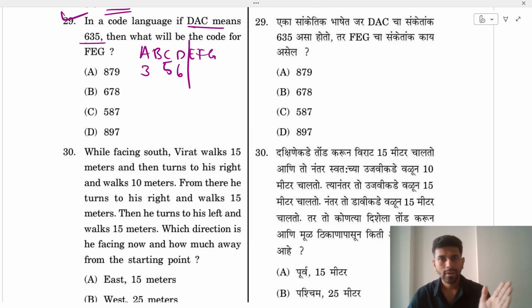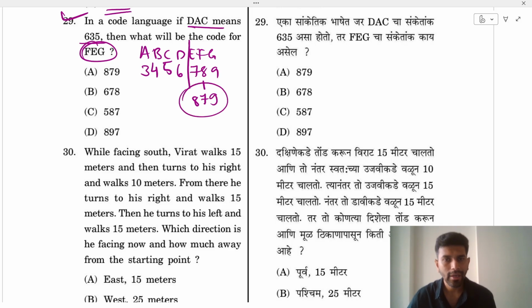If we apply proper sequence, then A is 3, B will be 4, C is 5, D is 6, E, F, G will be 7, 8, 9. So F is 8, E is 7, and G is 9. Option A, 8, 7, 9. Correct option is option A.